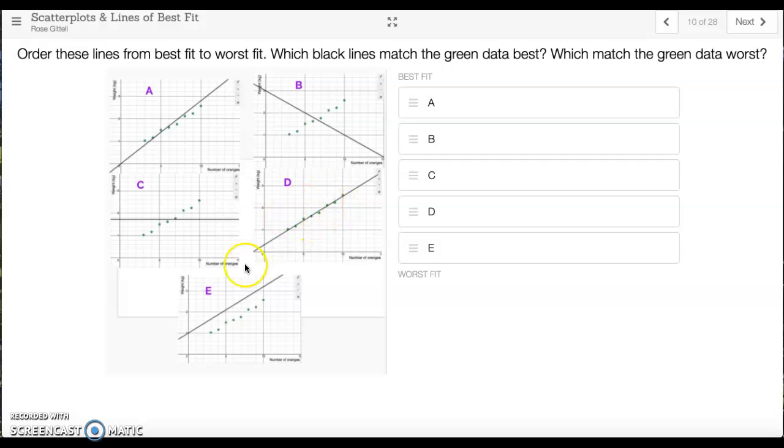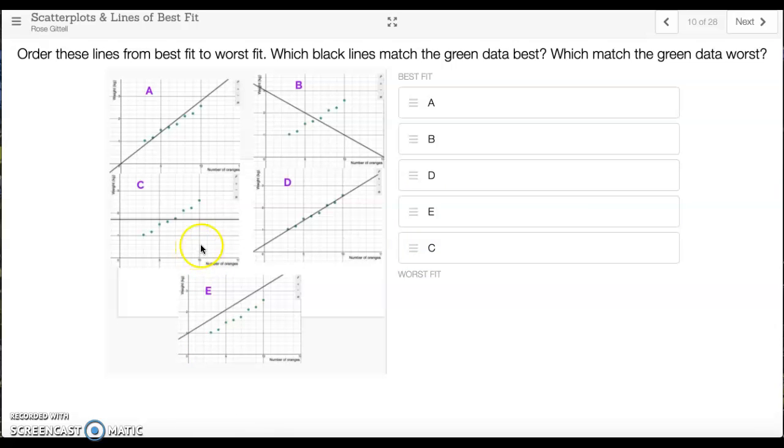So there's some that kind of make sense right away that they don't match at all. Like in C, you can see clearly the data points have this general positive slope, but then the line itself, like the black line, is flat. So clearly C doesn't really work. So because I'm going from best to worst, I'm gonna put C near the bottom because it's a pretty bad line.